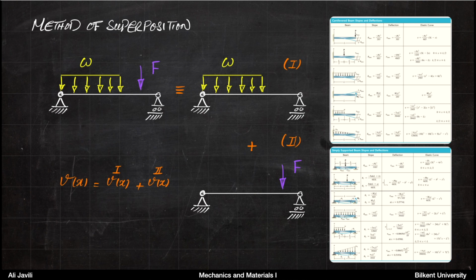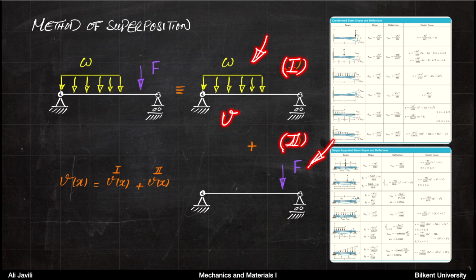In other words, if you have a system with a distributed loading W and a single force F, you are allowed to split this into two systems, system 1 and system 2, where in system 1 you only apply the distributed load, and in system 2 you only apply the single force.